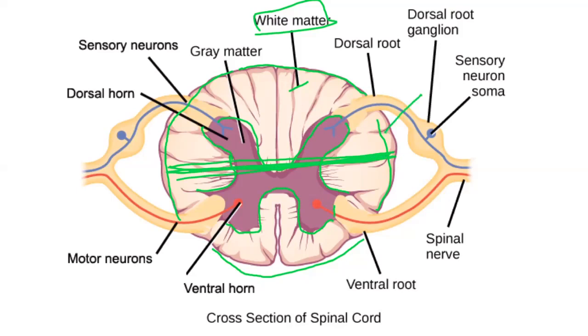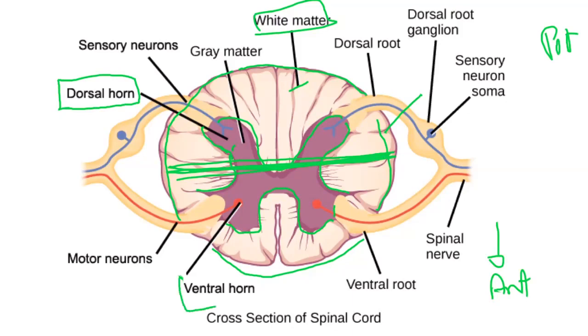This is the posterior and this one is anterior. So these are called as horns, right? This is called as dorsal horn, because it is on the dorsal side, and this is called as ventral horn, because this is on the ventral or anterior aspect.